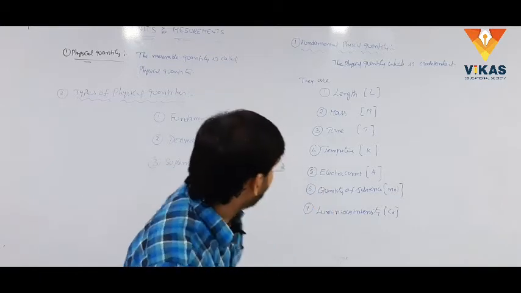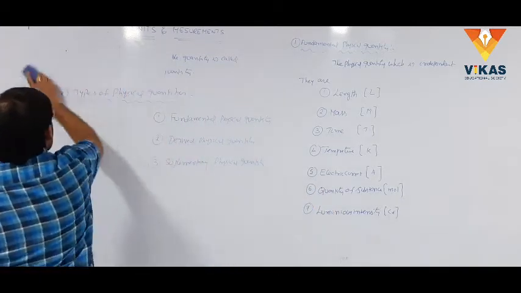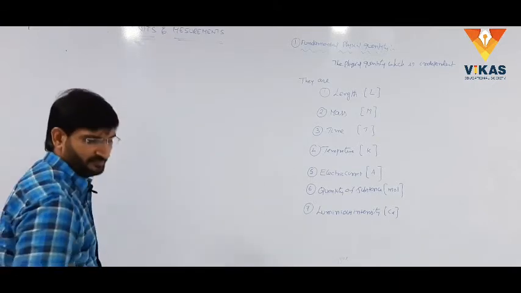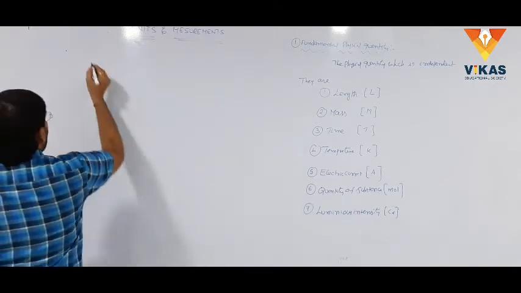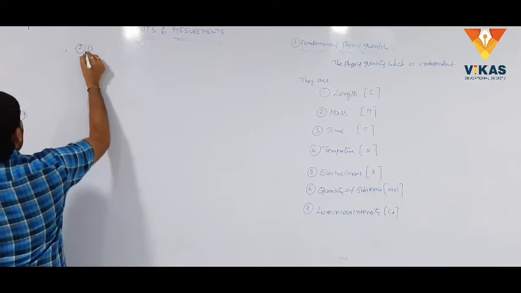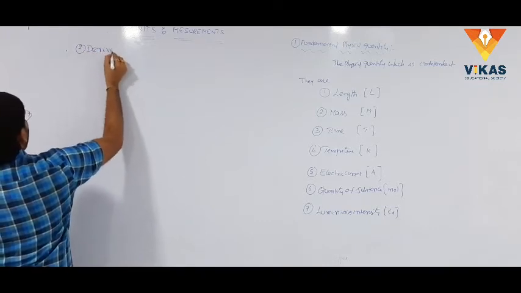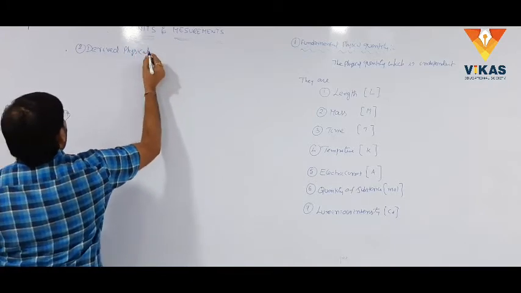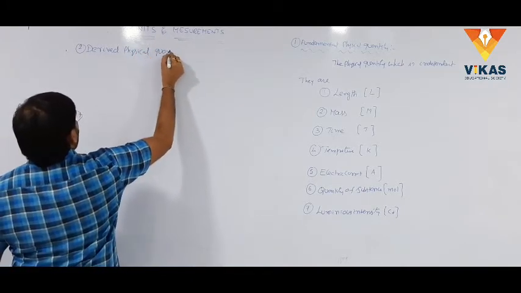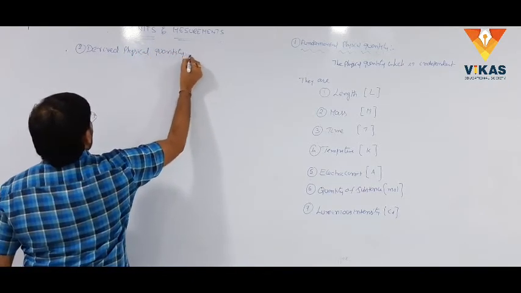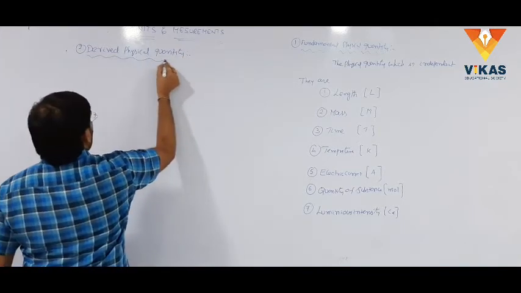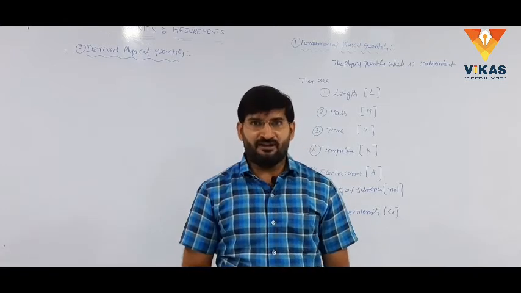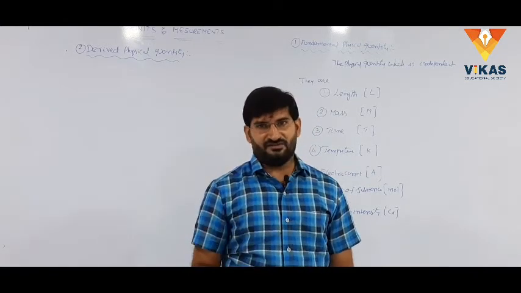What is meant by derived physical quantity? Derived physical quantity: the physical quantity which depends upon the fundamental physical quantities is called a derived physical quantity.